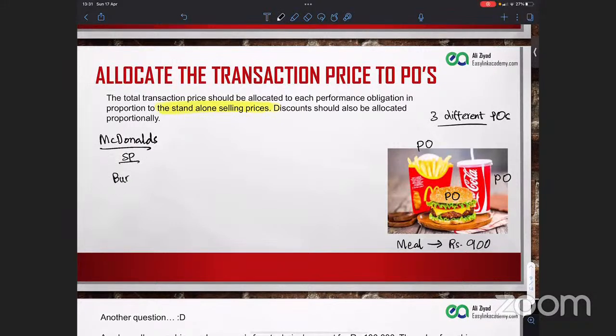Burger, fries, and Coke. Tell me, guys, if you were to buy the burger separately, what will be the price? What will be the average price if you were to buy the burger separately?